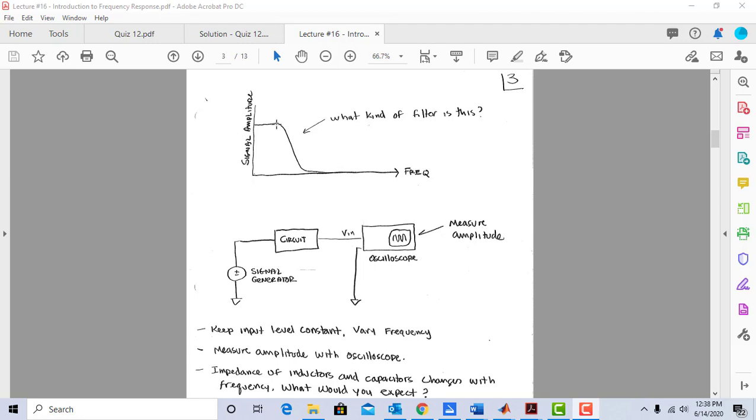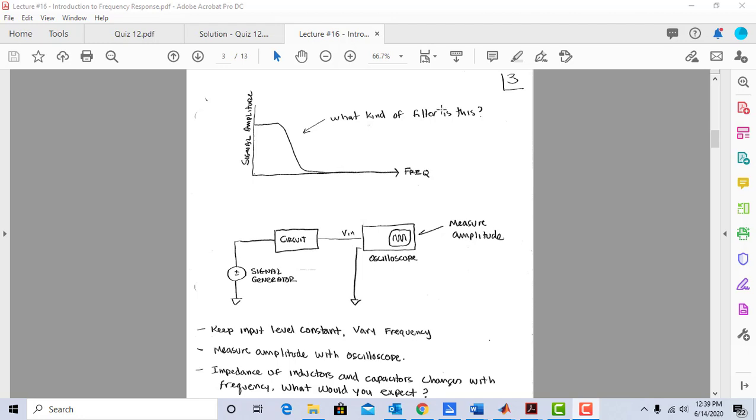It looks like low frequencies get through just fine, and then when the frequency gets a little high, the filter starts not passing as much. The amplitude is going to go down, and then at high frequencies, nothing's going to get through.